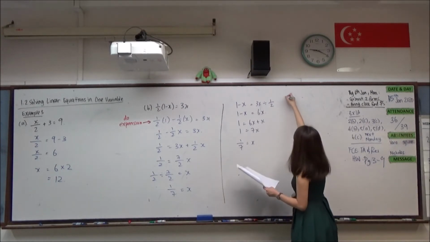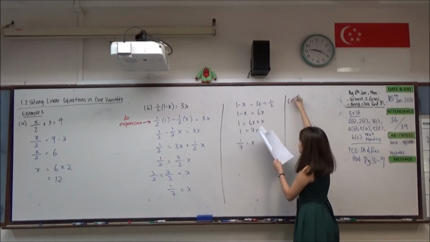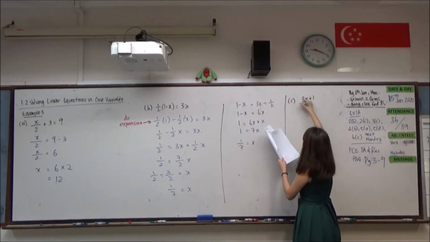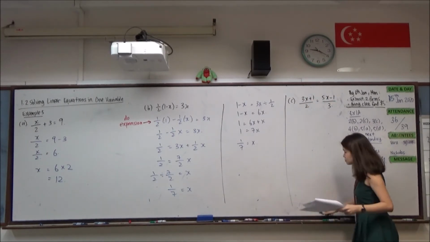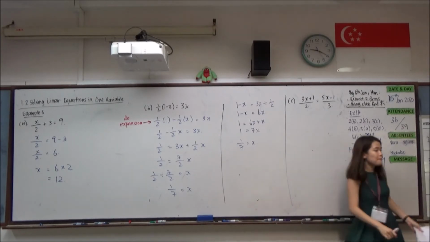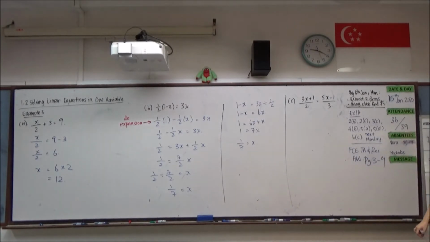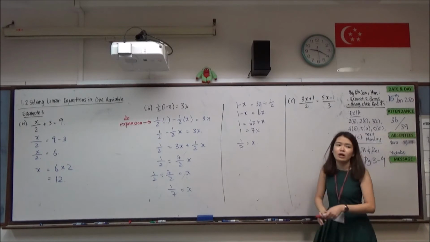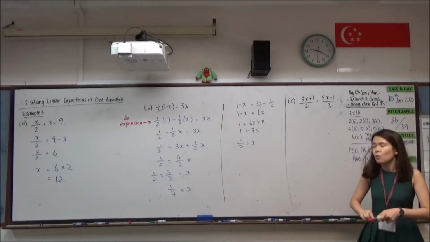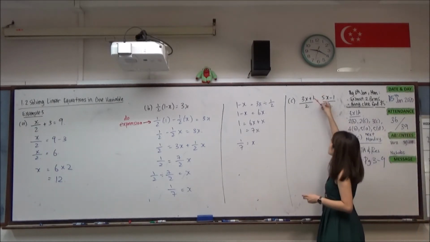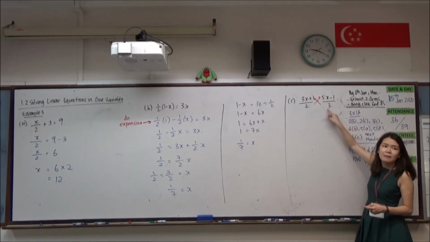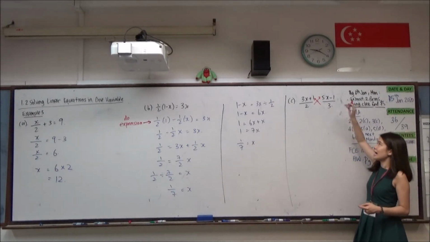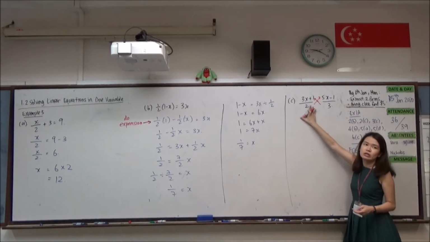Next, in part C. For part C, we will do a very special kind of method, although it's actually very logical, whereby we will do this thing called cross multiplication. Because it's 5x minus 1 divided by 3, to get rid of the 3, I times 3 on the right, times 3 on the left.